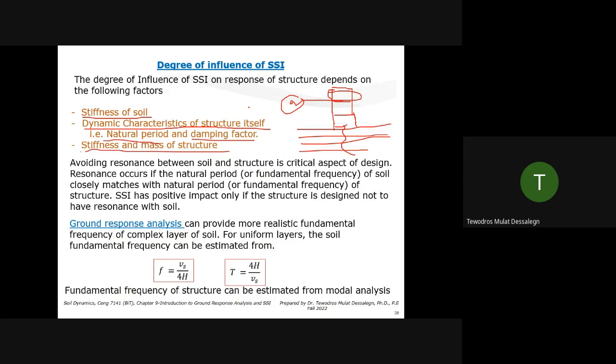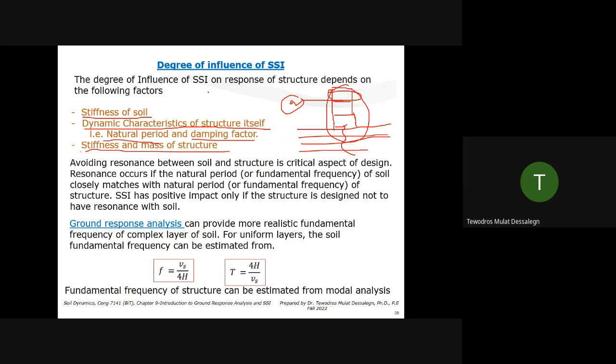You may have a resonance where the soil is resonating with the earthquake and creating a resonance in the structure. If the structural fundamental frequencies are close to the soil and the input, that's when you get amplified motion. In those cases, you may be forced to modify the structure.